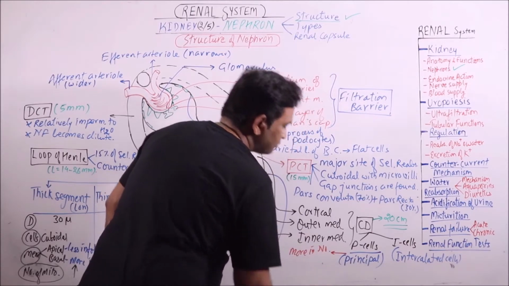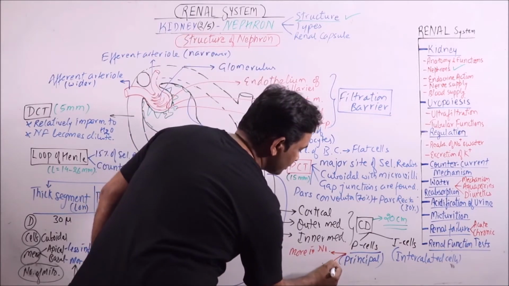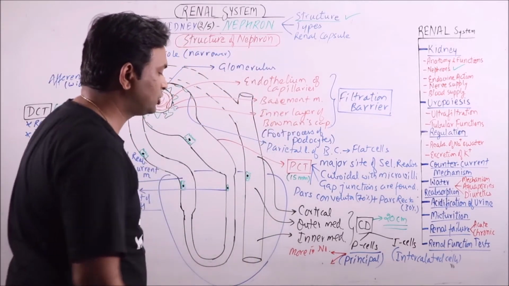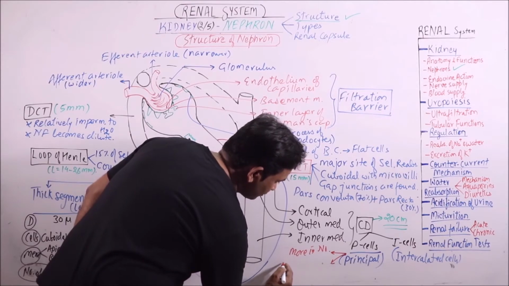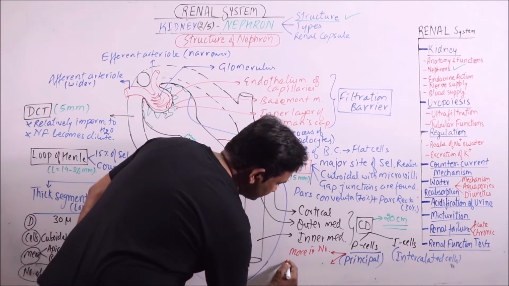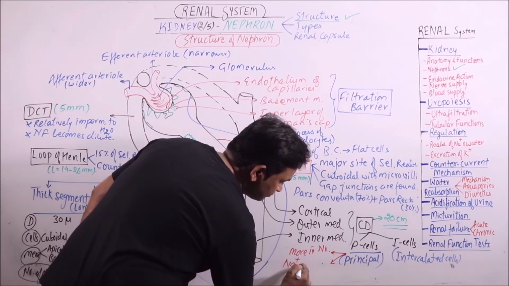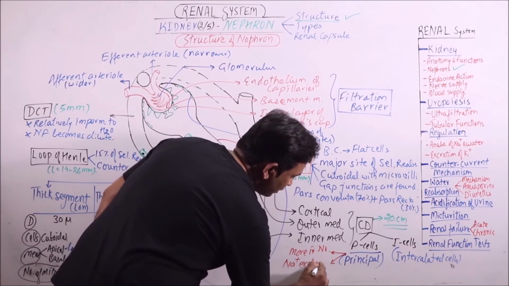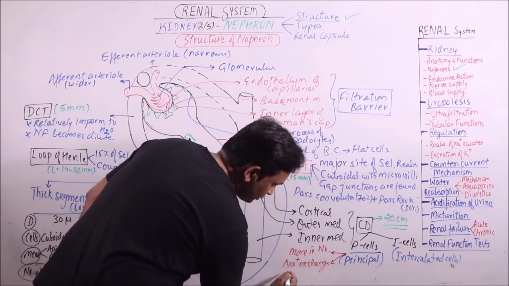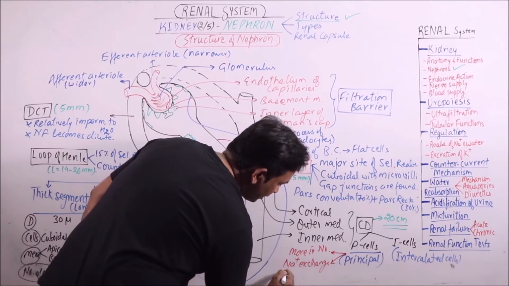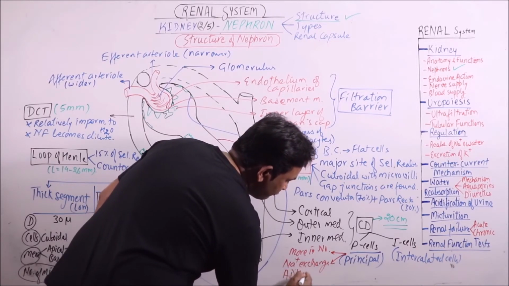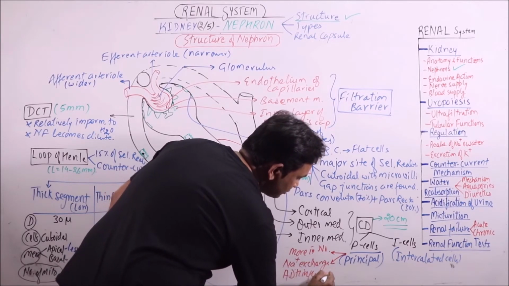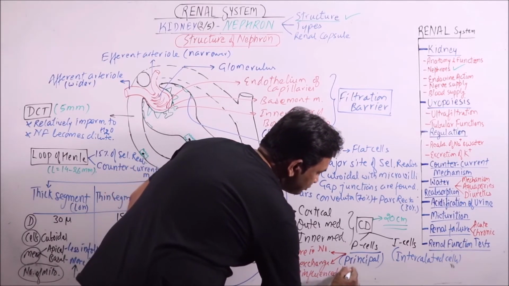Now the P cells or the principal cells are more in number and their main function is sodium exchange or transport and ADH influenced H2O absorption.